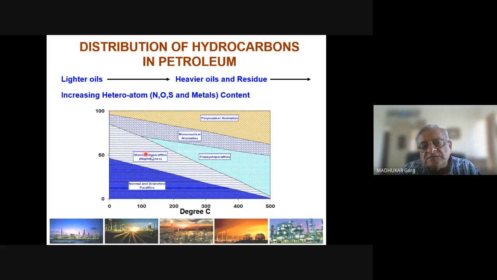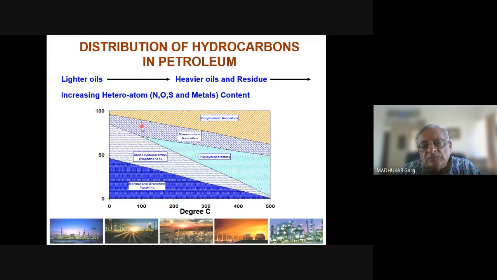Monocycloparaffins, whether these are cyclopentanes or cyclohexanes, obviously these are alkylated, so they will also start reducing. But what takes off is polycycloparaffins, which are condensed ring naphthenes, two ring or three ring or multi ring.